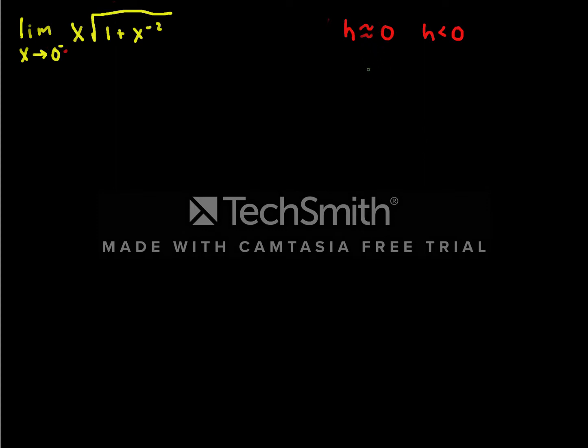Okay, so these are our assumptions when we compute standard parts. h is infinitely close to 0. That's the limit part. We're going to get close to 0. And then the fact that it's a left-hand limit means that we want h to be to the left of 0, or less than 0. So this is equal to the standard part, again, provided this exists, of h times the square root of 1, and I'm going to write it this way, 1 over h squared, because we've got a negative 2 there.